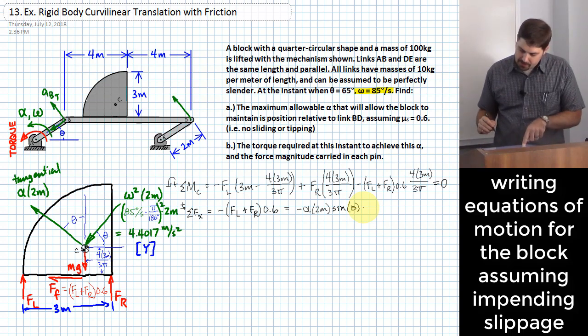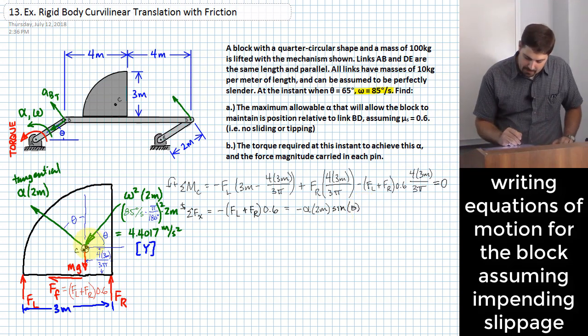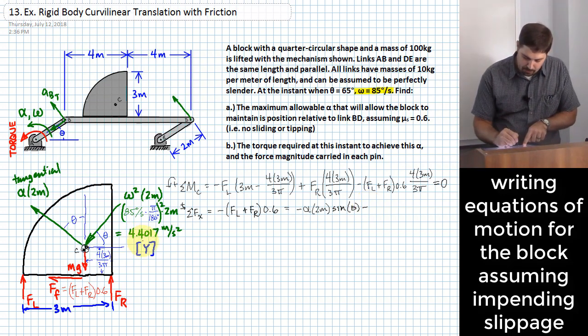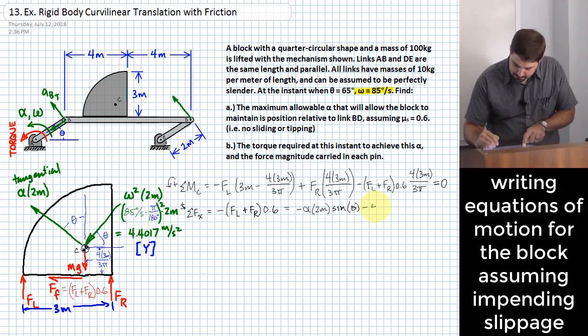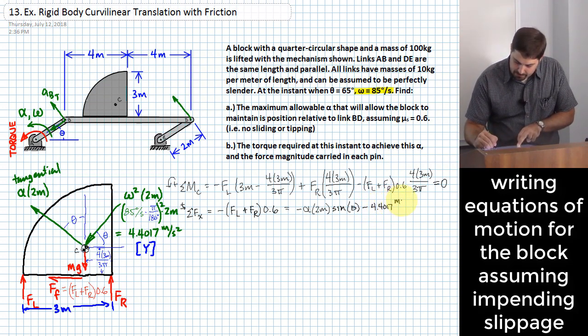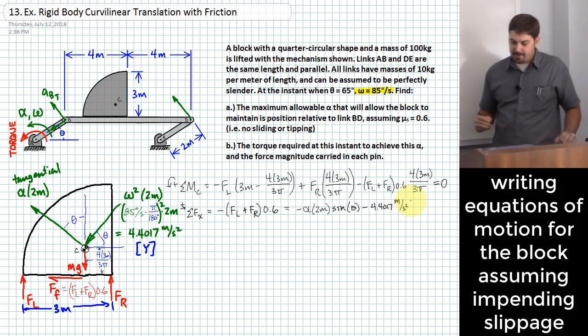And let me also add on to this, because that's the total acceleration due to that component, the component that I have from my normal component, which is just going to be 4.4017 meters per second squared. But I don't want all of that.